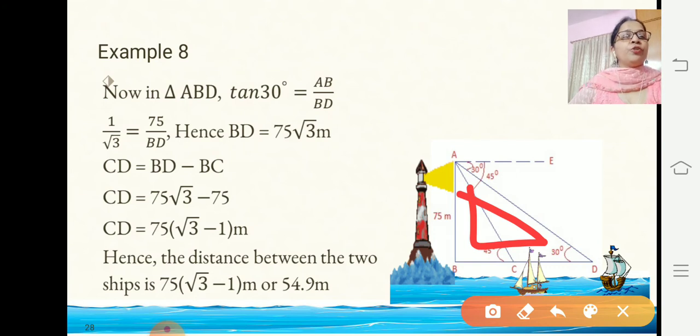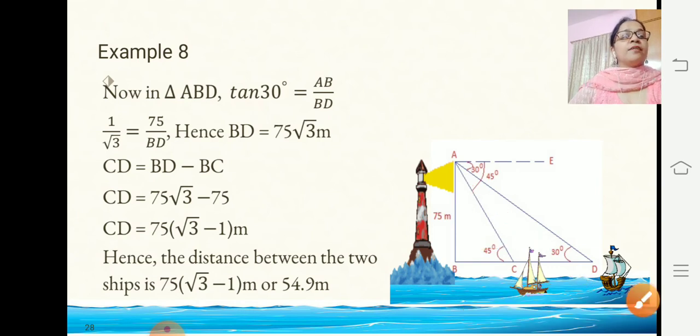So you will get your complete BD over here. Once you get BD, subtract BD from BC and you will get 54.9 meter, which is the distance between the two ships.